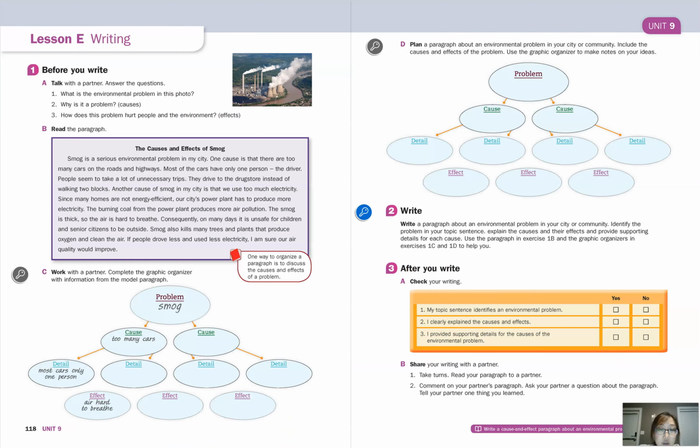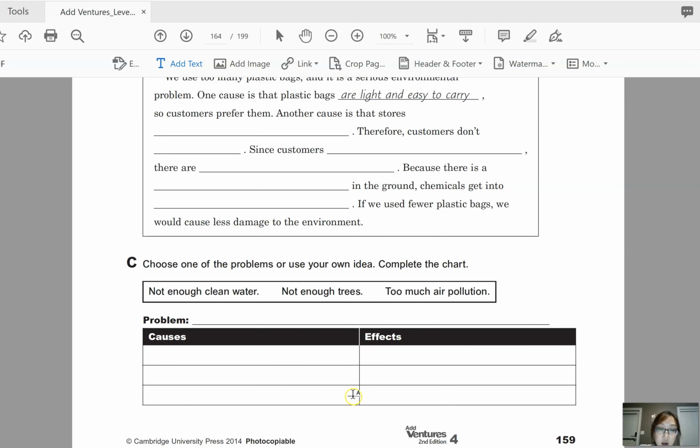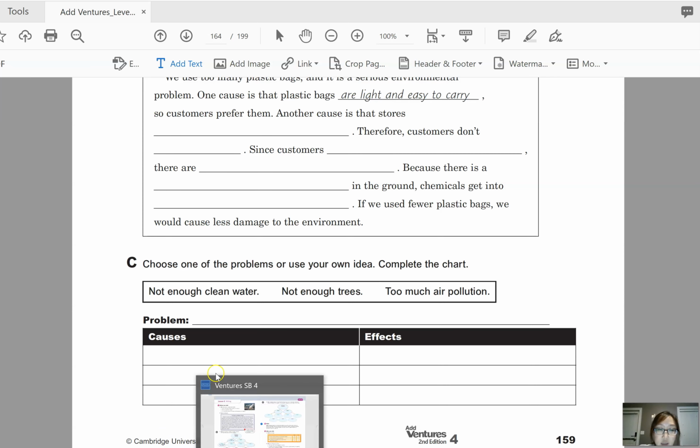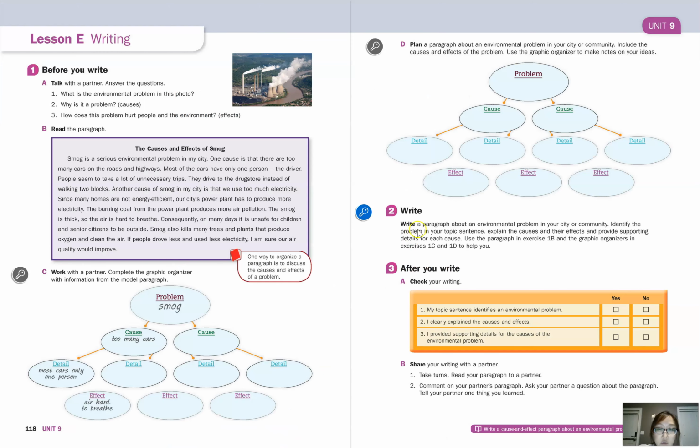Or you can go back to your book, and if you look at this graphic organizer, it's basically the same thing, but just organized in a different way. You can do the graphic organizer, or you can do the chart. After you do this activity, I want you to write a paragraph using the causes and effects that you listed.